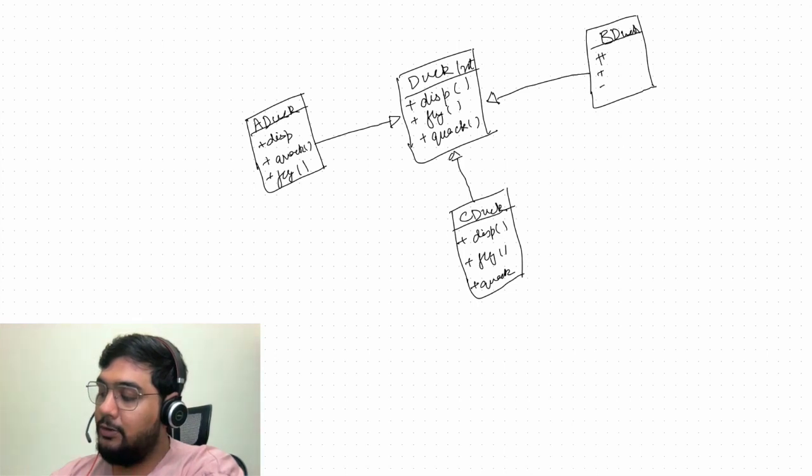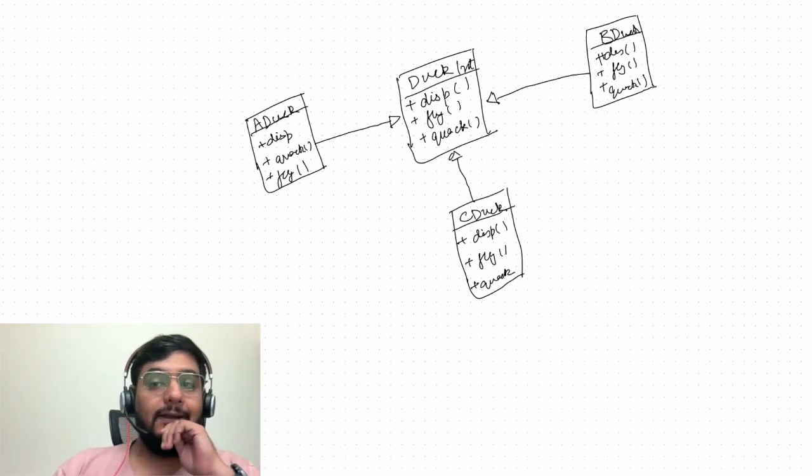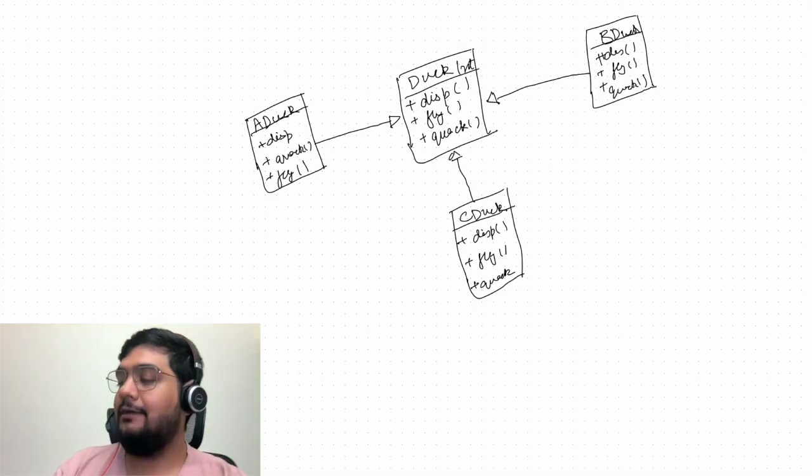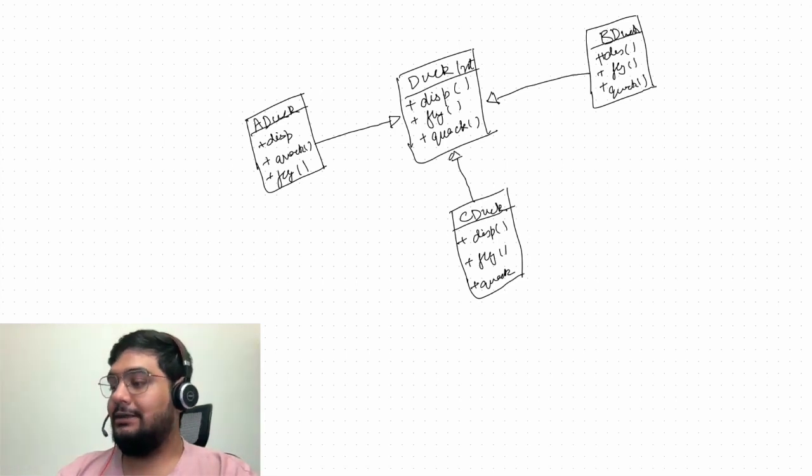And just to be on a safer side, let's say currently each of these three ducks has a different implementation. Then we are good, right? We don't have anything to worry about because each implementation that we are doing is unique. But let's just assume the fly method of A duck and the fly method of B duck is similar. Let's say the implementation of the fly method of A and B duck is similar.